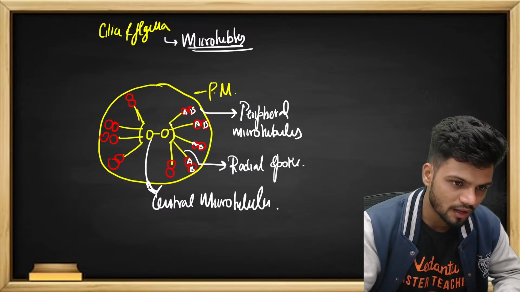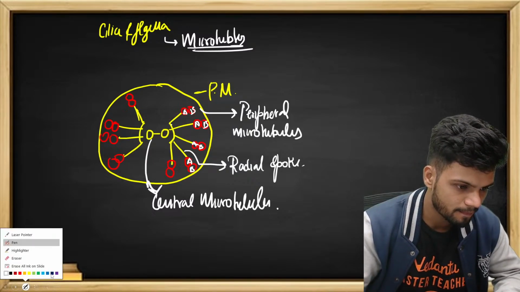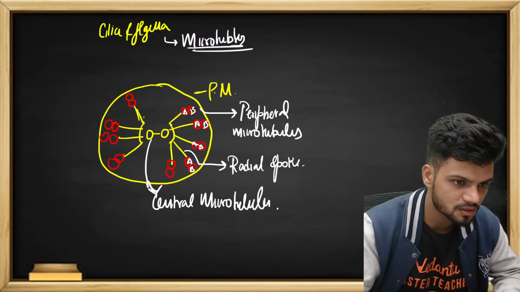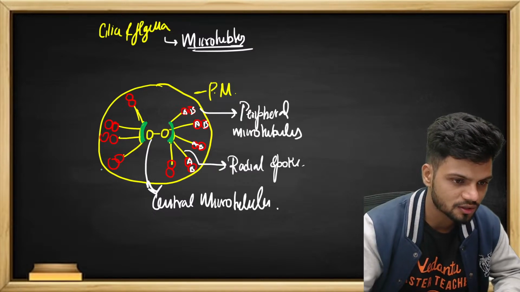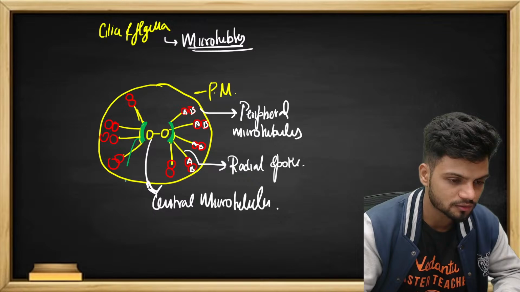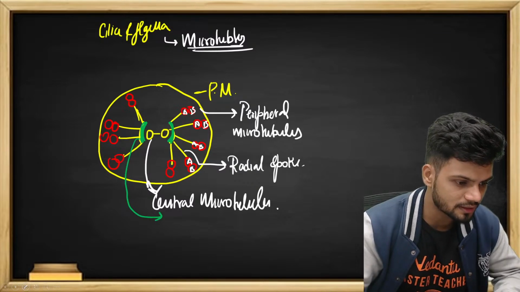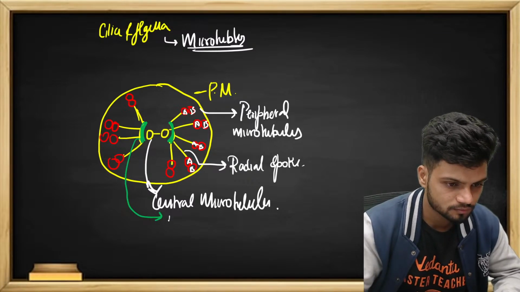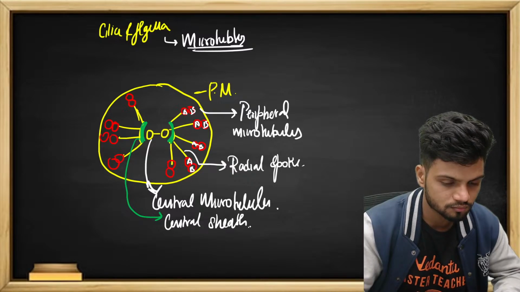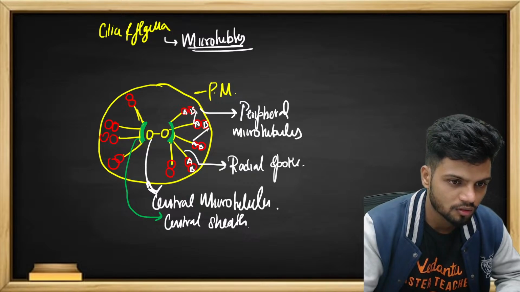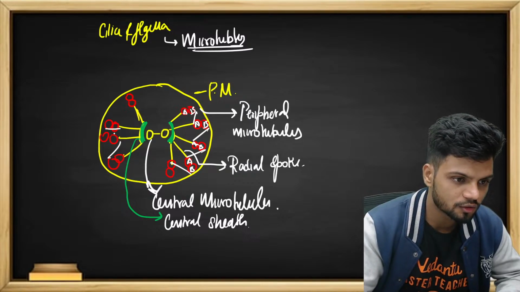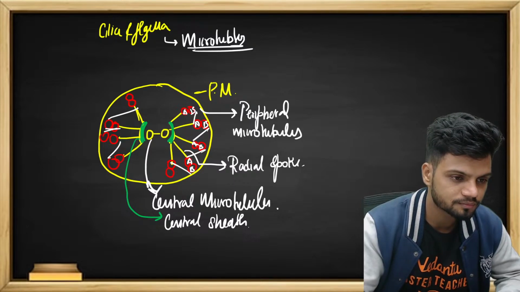Now, this is periphery, this is central. Can you see this one line, one more here? This dark green one, where the radial spokes are attached, is called the central sheath. Now, how do you think the different microtubules talk to each other?